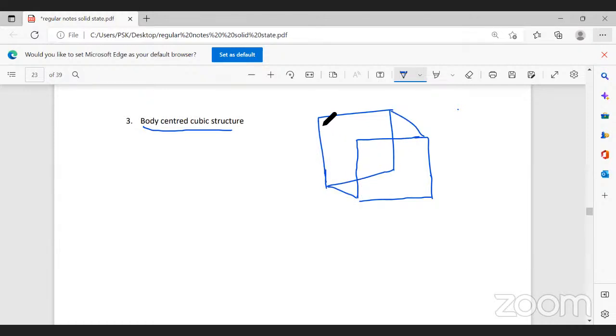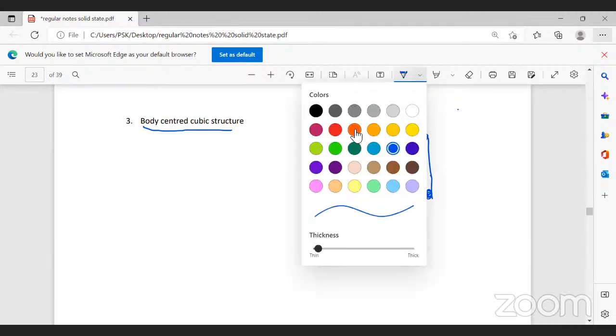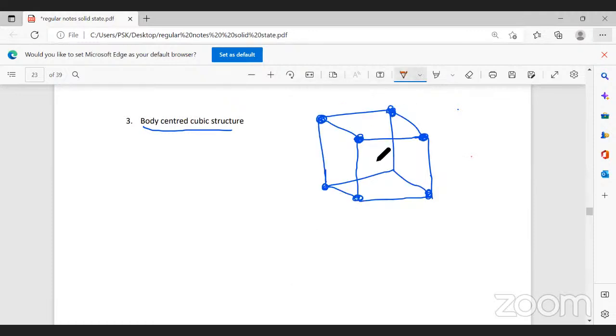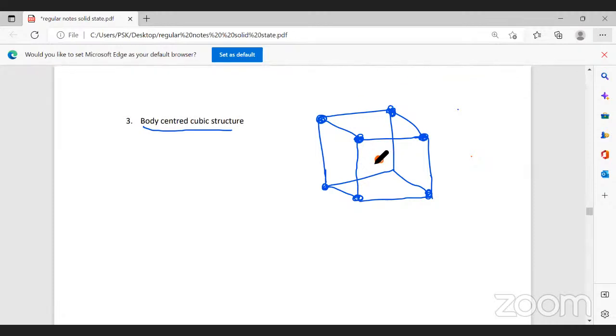This is a cube, right? And all the corners have a particle. I'm representing it by blue. Now we are talking about a body-centered cubic structure. In order to understand it, you should know there is a particle at the center also. There's a particle at the center of the cube.